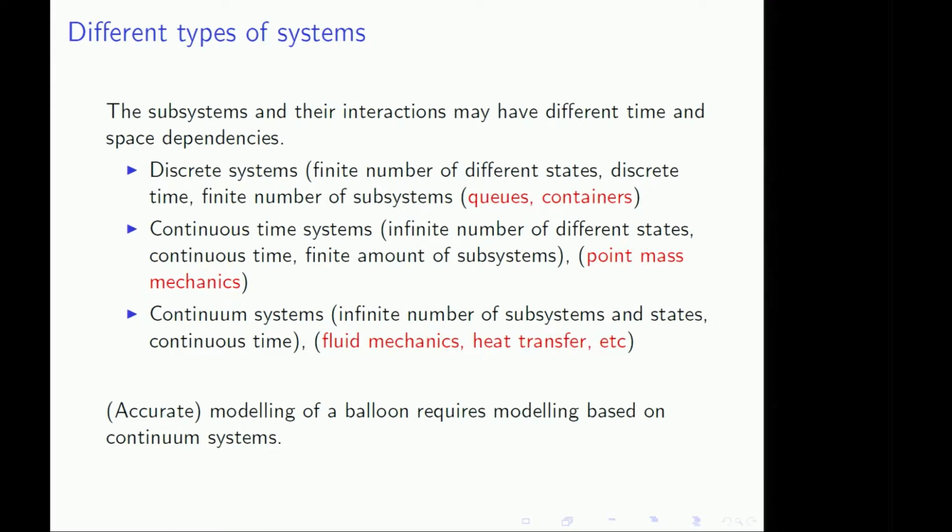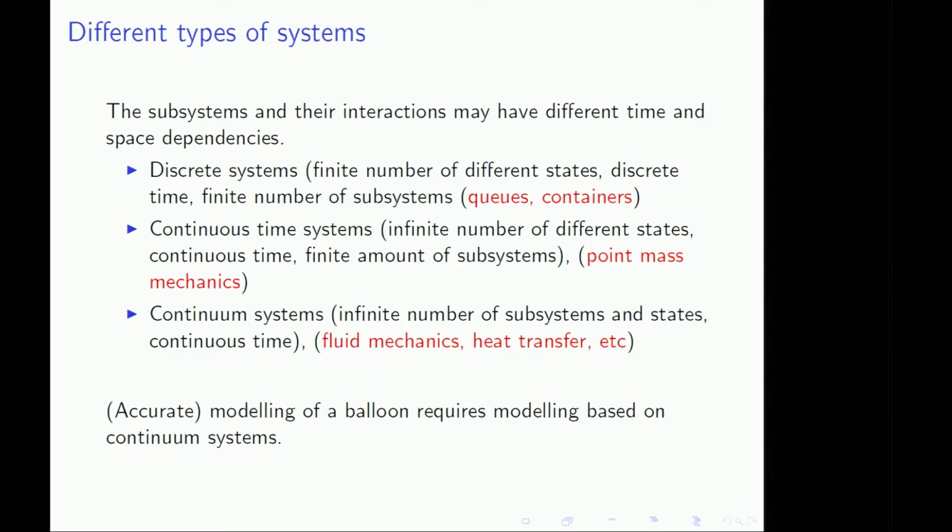Also, typically we have a finite number of subsystems, so the system cannot be divided into infinitely many different subsystems. Typical applications are different types of queues, containers, warehouses, and so on, where you are moving around discrete objects and counting them as a rule.